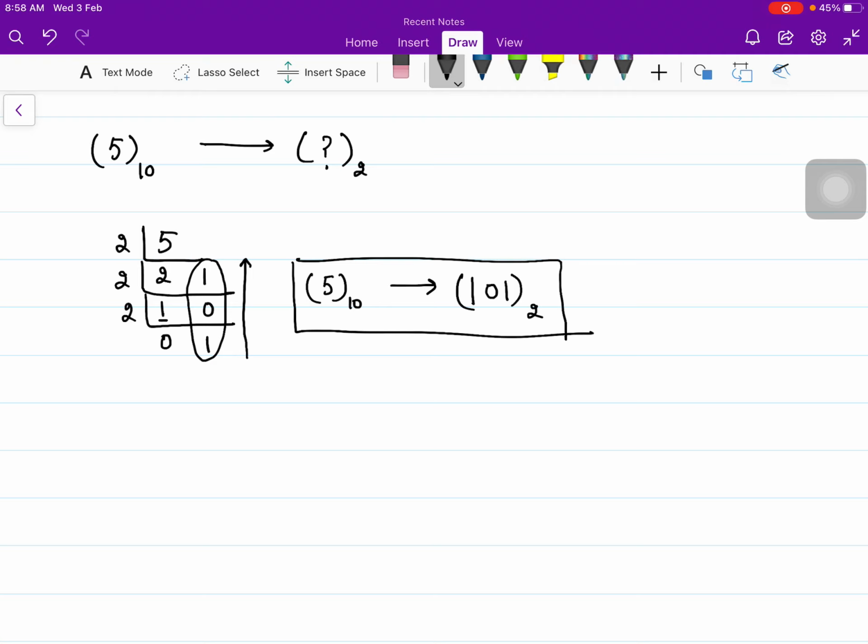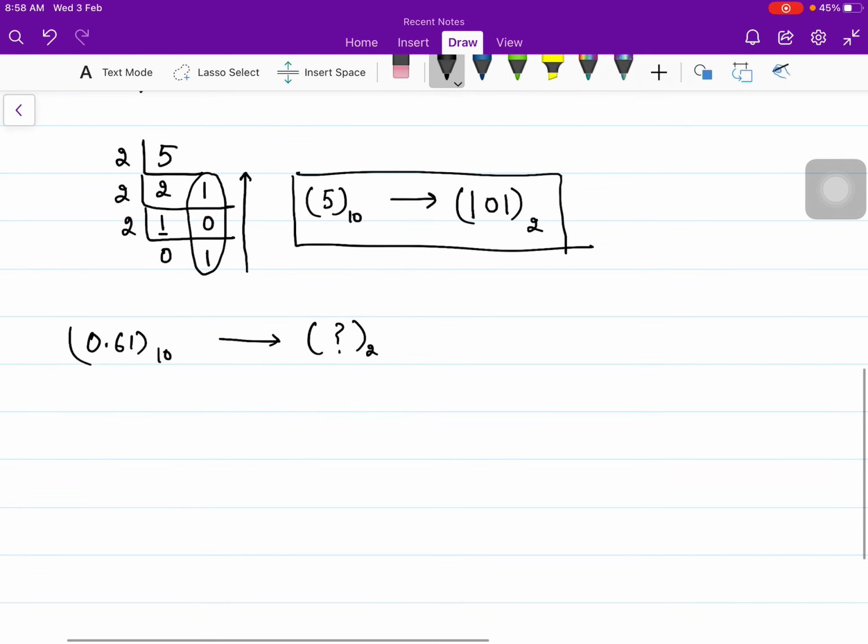Similarly, this was a whole number that was given to you. If you are given 0.61 like this and you are again asked to convert it into binary, then the technique is that you have to keep on multiplying it by 2. You will get 1.22 here, and now you record this 1 here. Now what is left is 0.22.